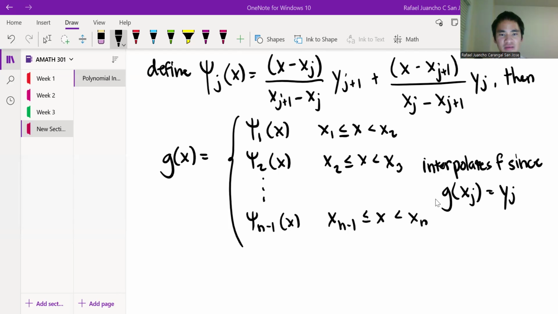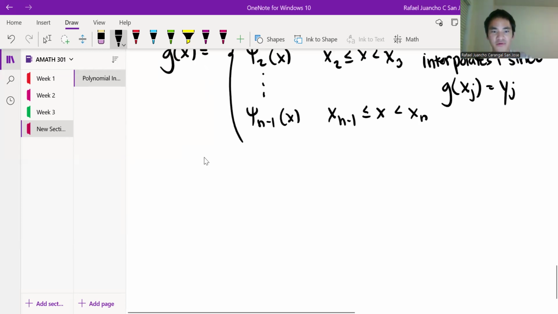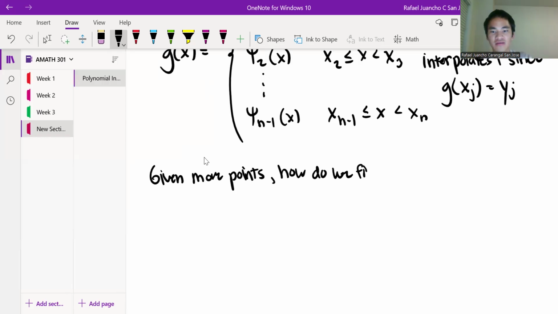So how do we find the coefficients? Given more points, how do we find, let's say, coefficients?